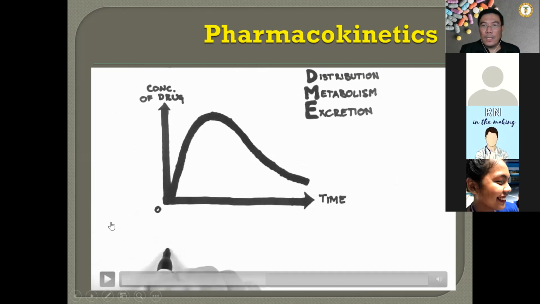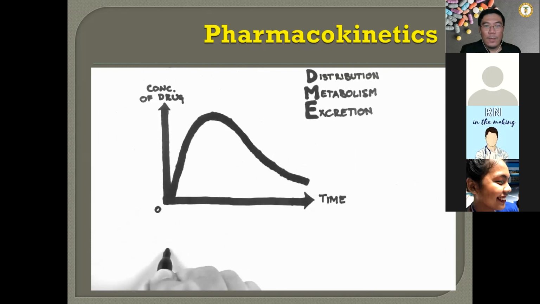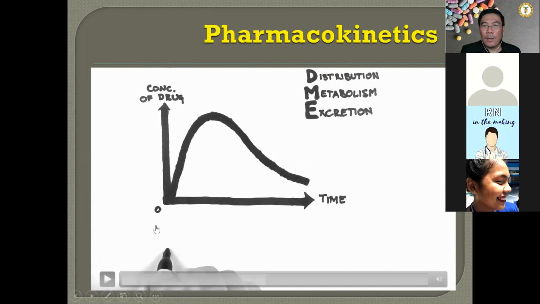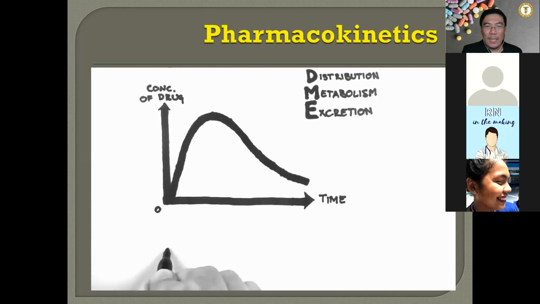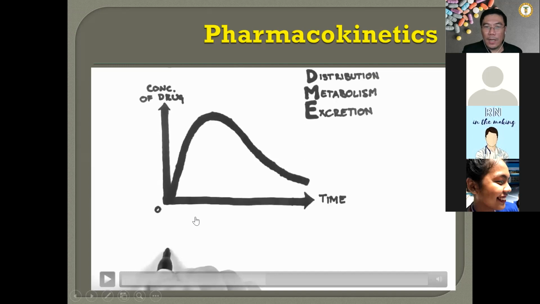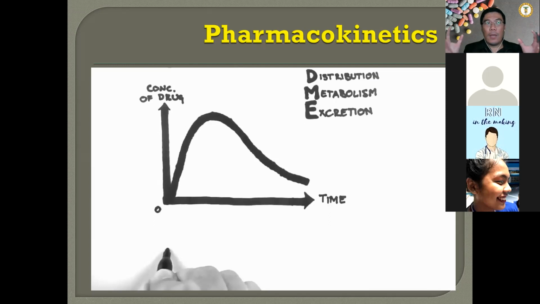As you have seen in the presentation, the basic example when it comes to pharmacokinetics is that at the time you give the drug, the drug outside your body, with its properties and chemical components, is 100%.